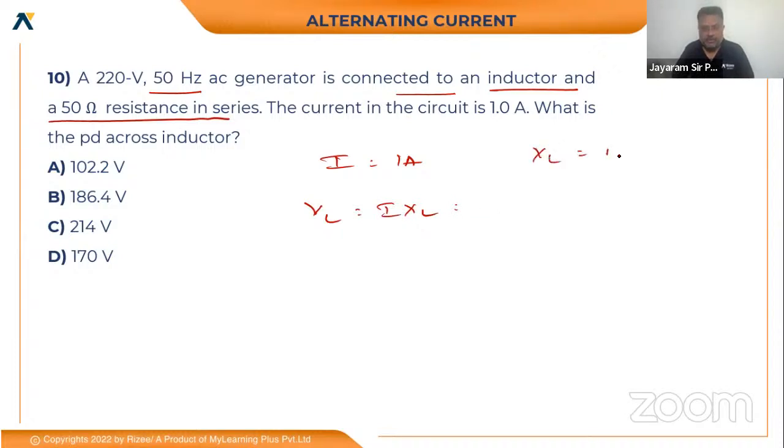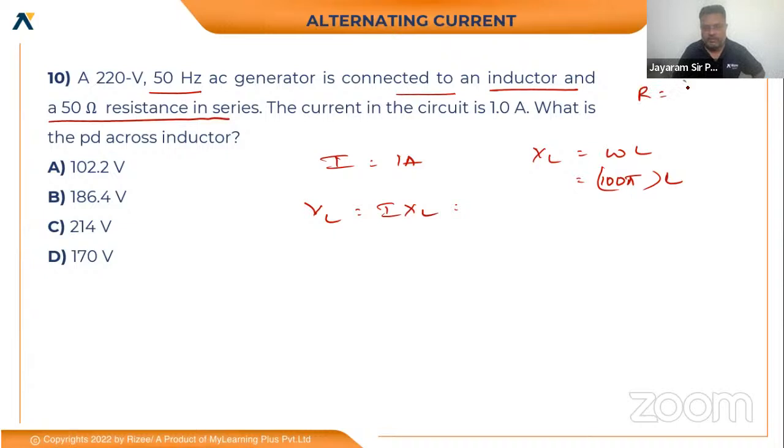XL is equal to omega L. Omega means 2 pi f, f is 50, that is 100 pi into the inductance. So he is asking the potential difference across the inductor itself. So this much current is flowing. Since the inductor value is not known, we do have the current and we do have the voltage, so we can find the resistance.